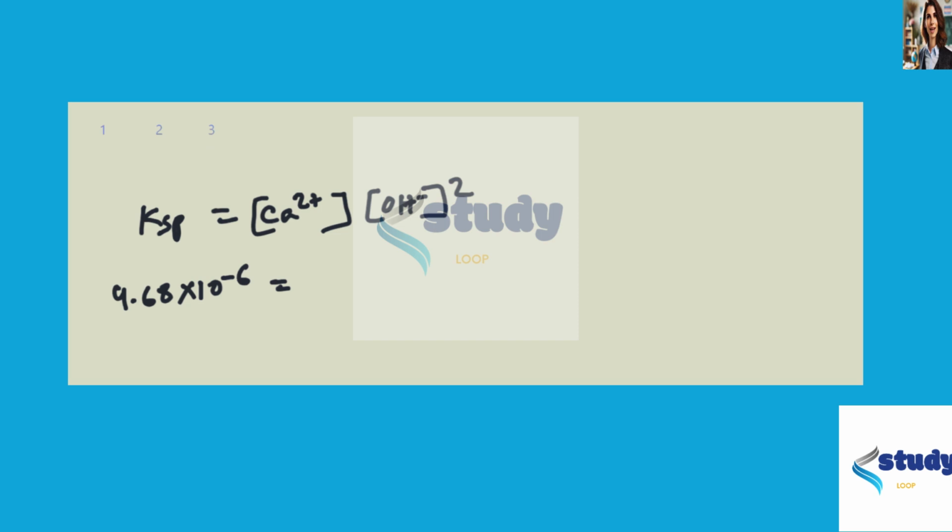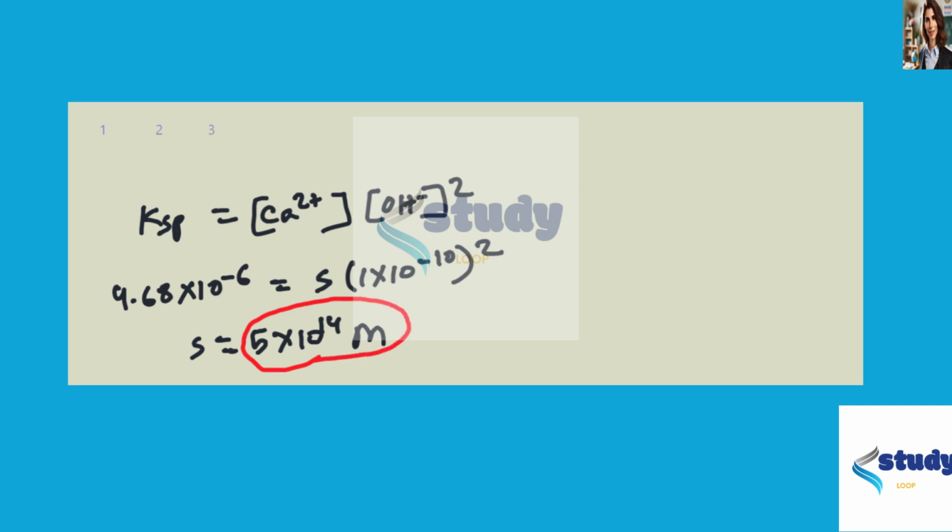The calcium ion concentration at equilibrium was the molar solubility S, times 1 times 10 to the power minus 10, whole squared. If we solve this equation for S, we find the molar solubility for this case as 5 times 10 to the power 14 molar. So this is the molar solubility of calcium hydroxide in a buffer solution with pH 4.